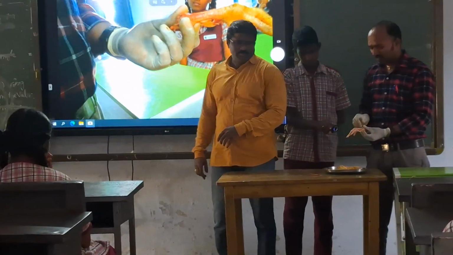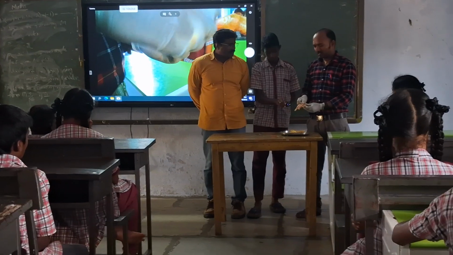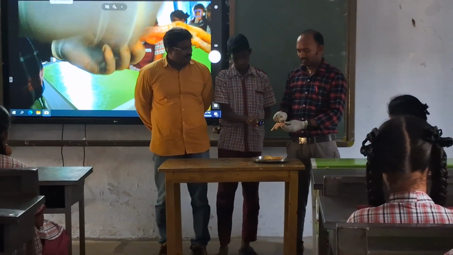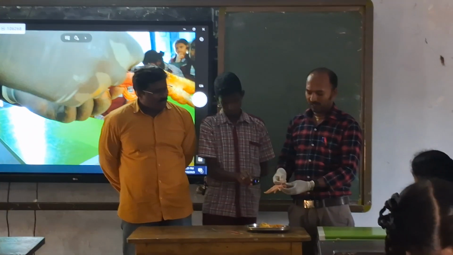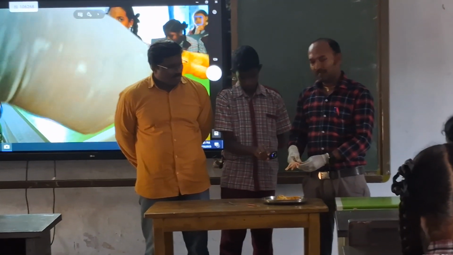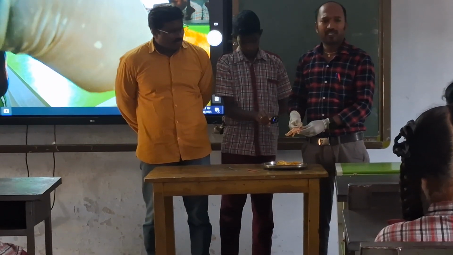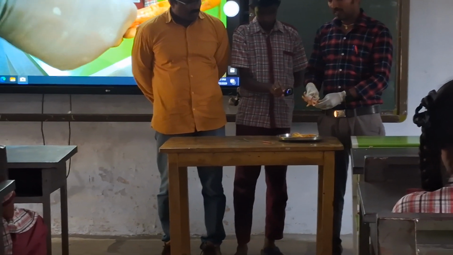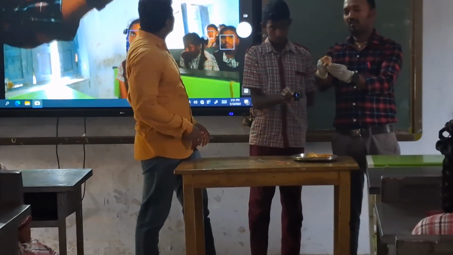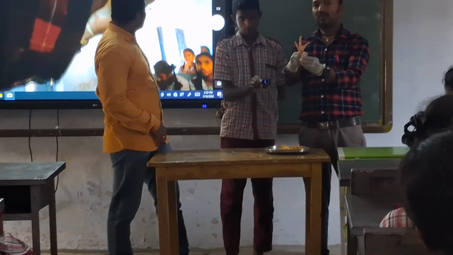So this is the major tendon. With the help of this tendon, this bird moves all the fingers of its leg. Can you see the movement in the leg?